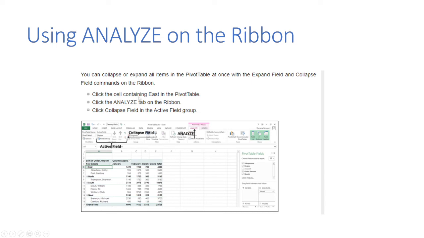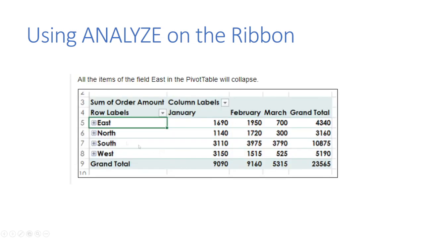Click the cell containing East on the pivot table, click the Analyze tab on the ribbon, and click Collapse field in the active field group. So this is the active field group, and we have here Collapse field. All the items of the field East in the pivot table will collapse.